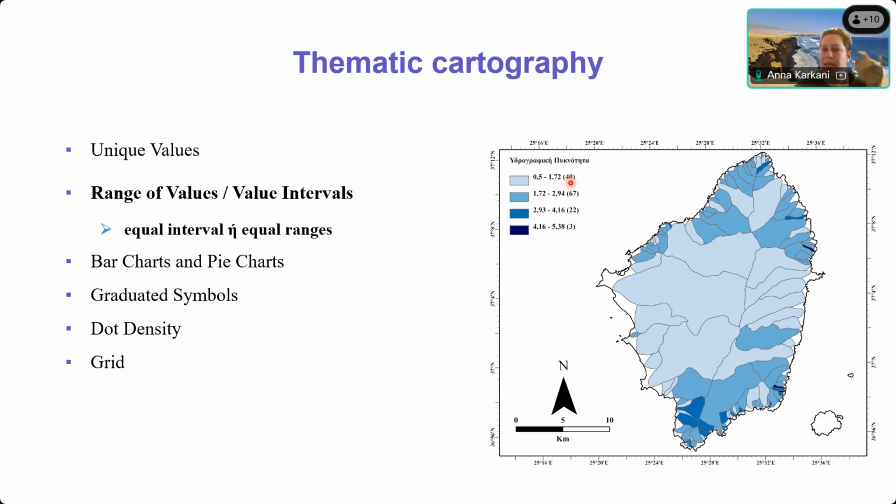And here we can see that we have made a thematic map using the equal interval or equal ranges, which basically has to do with dividing the records in our database in such a way that the value intervals are equal to each other, okay?